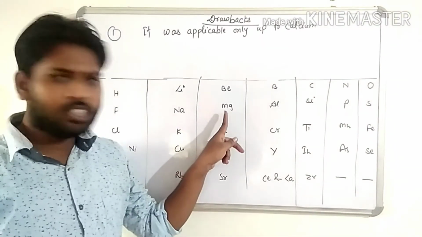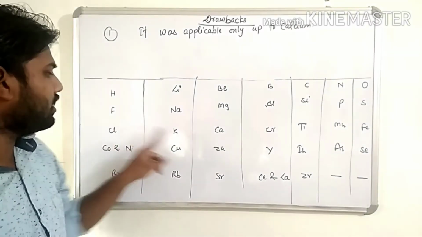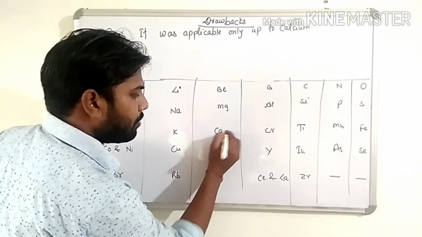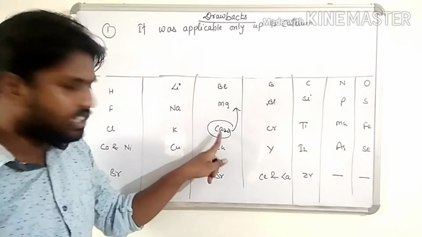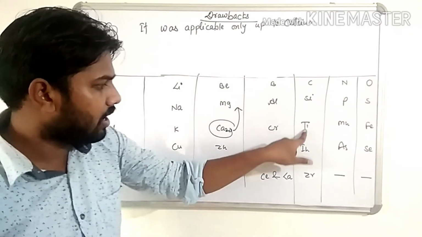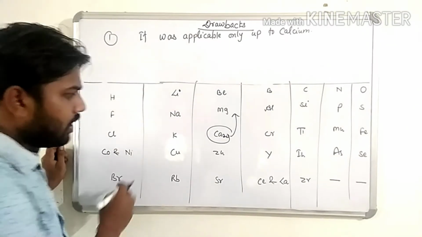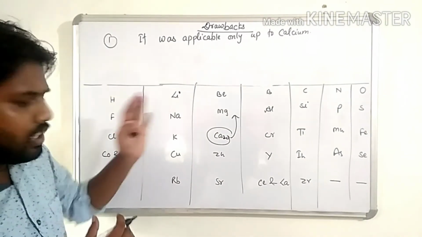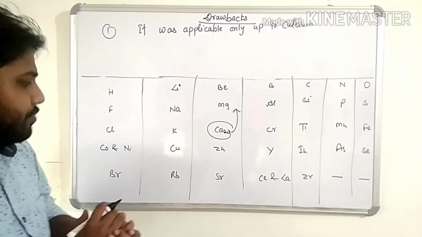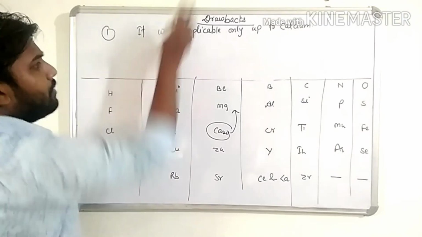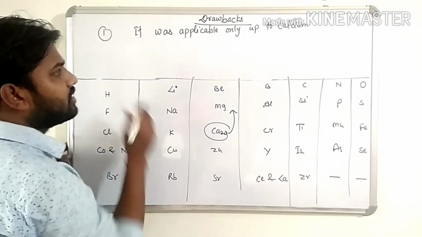Suppose this is the first element: sa, re, ga, ma, pa, dha, ni, sa. Atomic number 20 is similar to magnesium. If we take the next first element, sa, re, ga, ma, pa, dha, ni, sa, these properties were not similar to that of the first element. Clear, children? So the first drawback was that it was applicable only up to calcium.